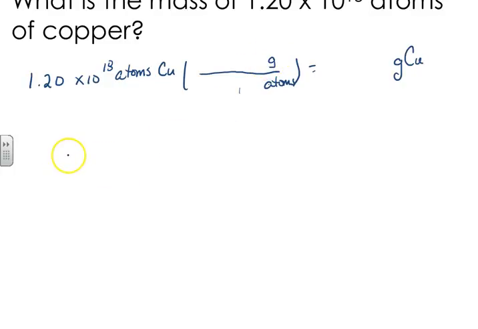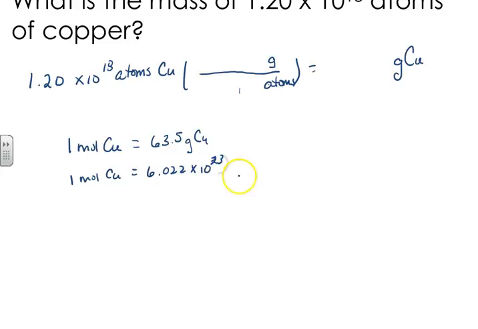Okay. We know that 1 mole of copper from the periodic table is 63.5 grams of copper. We also know that 1 mole of anything, including copper, is equal to 6.022 times 10 to the 23rd objects.